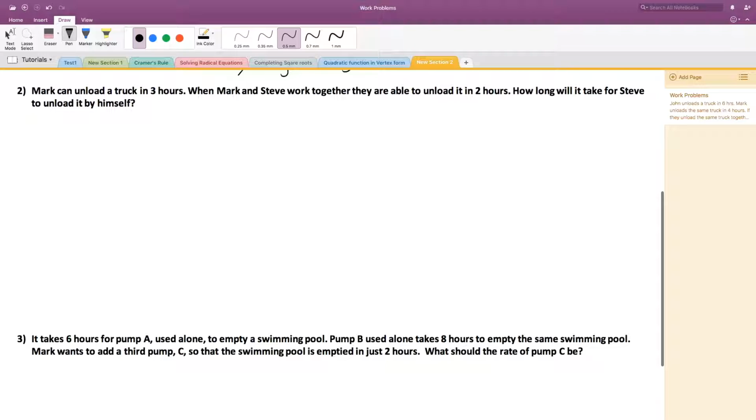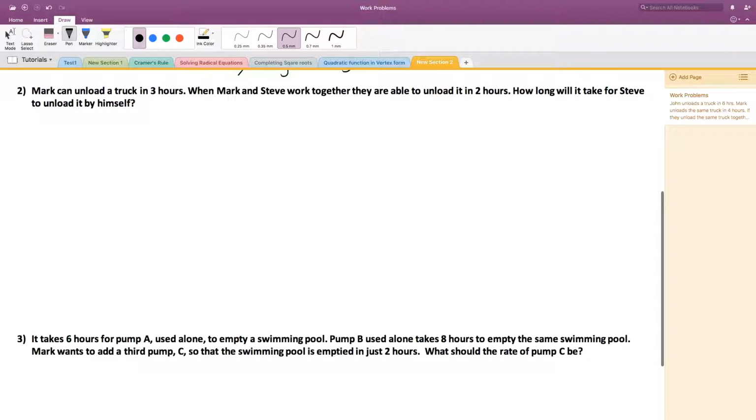Okay, so in this case we have Mark and Steve unloading the same truck. For Mark it takes him 3 hours, but when Mark and Steve join together it takes them just 2 hours. So we're going to find out how long it takes Steve if he was to work by himself.